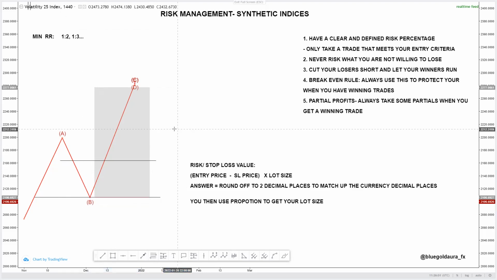Let's assume that price is moving and you had opened a lot size of 0.50. You can close maybe 0.30 off the table. You can take some partials, you can bank something. Remember, when a trade is running, you have equity and you have your balance, right? So the money is always recorded.